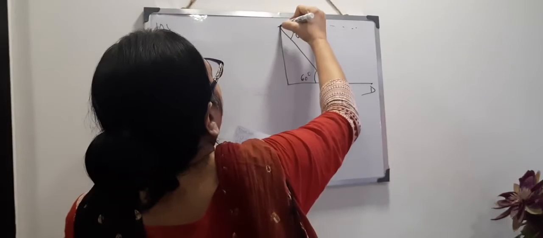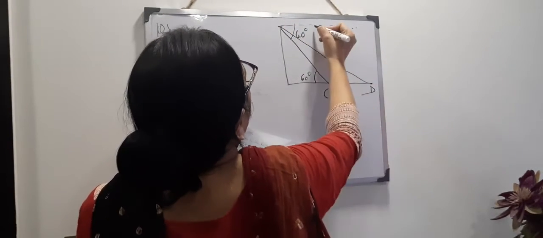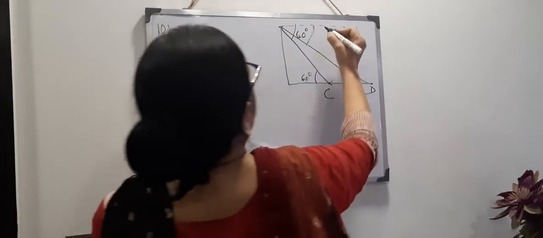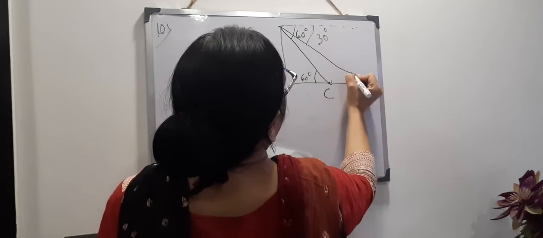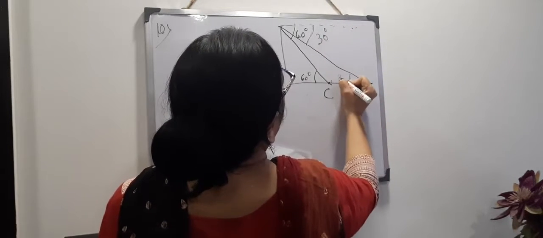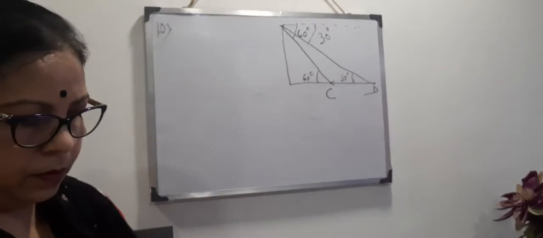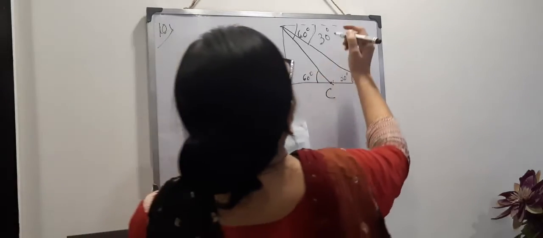Now from here the second angle of depression, of the second one, that means this angle is given 30 degree. So this is also 30 degree. Here this is also 30 degree.